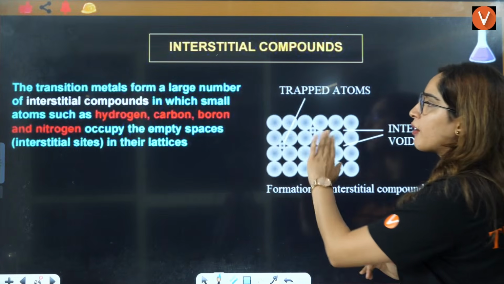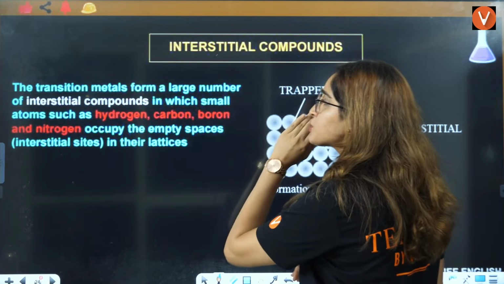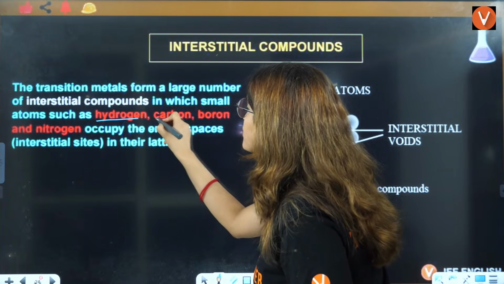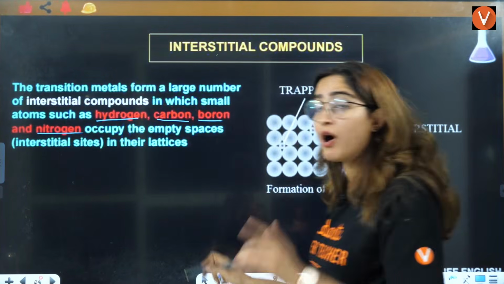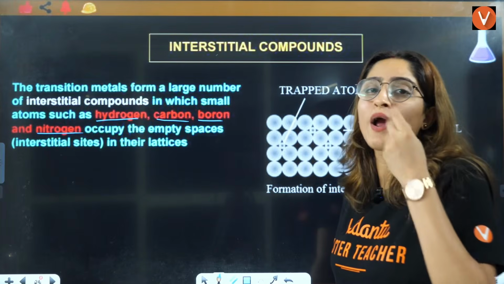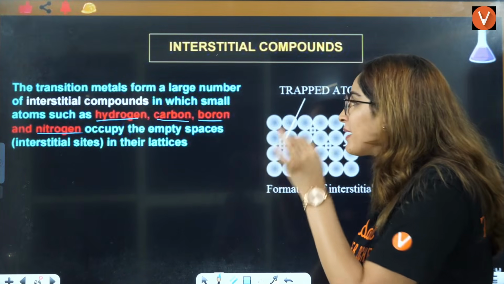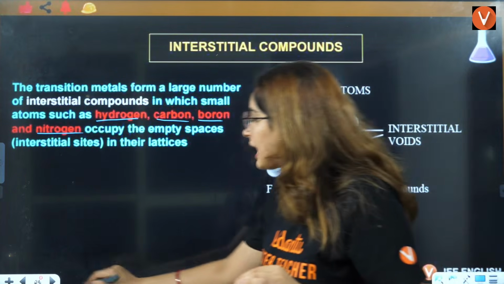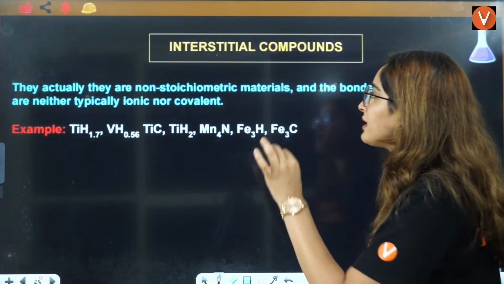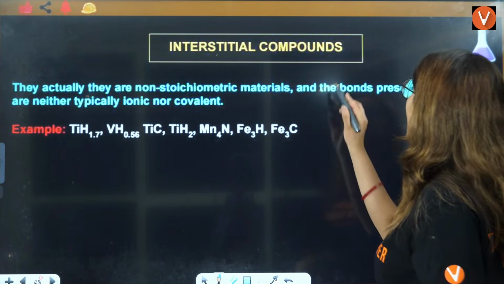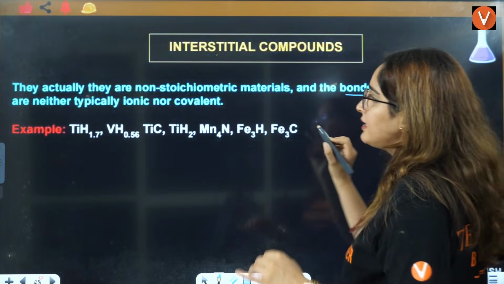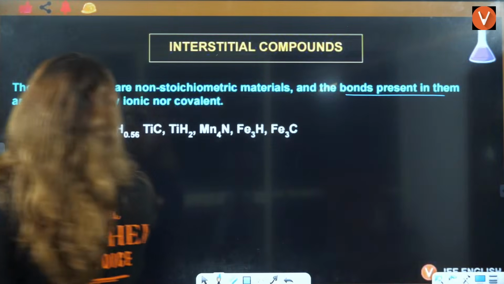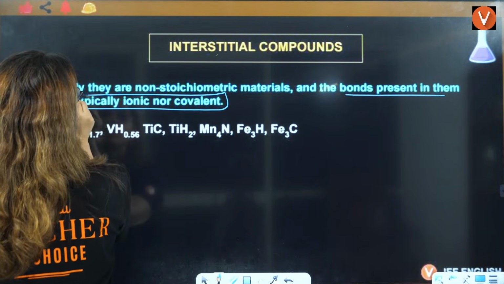The transition metals form a large number of interstitial compounds in which small atoms such as hydrogen, carbon, boron, very small atoms, can be fixed because the voids are very small. They occupy the empty spaces in their lattices. They are non-stoichiometric materials, and the bonds present in them are typically either ionic or covalent.